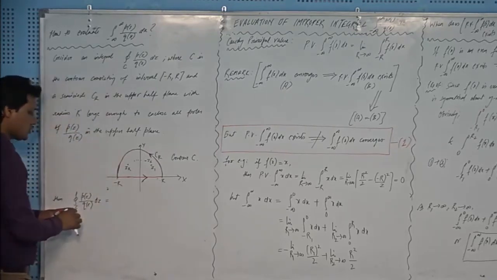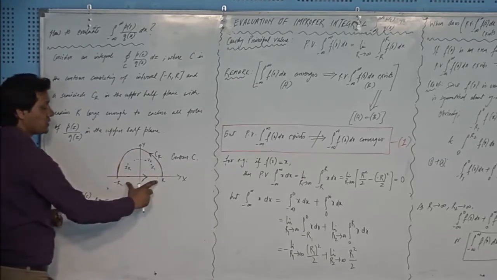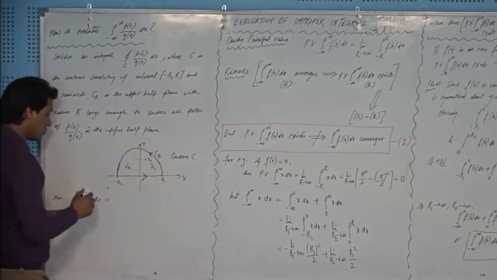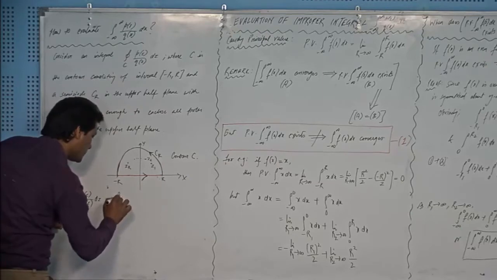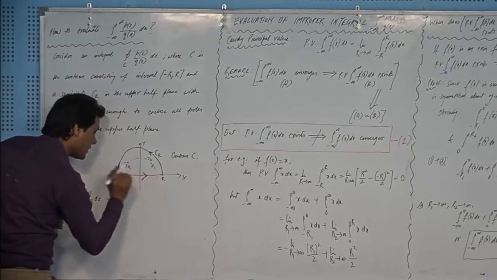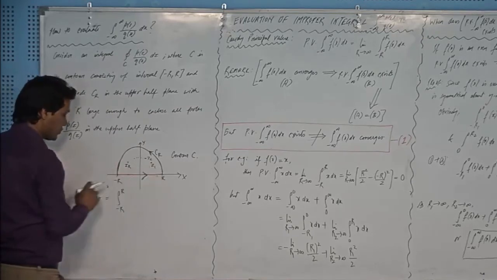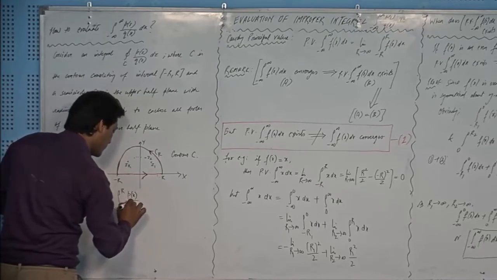You can see that this contour C, the whole contour, is actually the union of two curves. First is the real interval, and then the semicircular arc. So I will break this C in two parts. First is minus R to R, and here since the function is defined on the real axis, you write P(x) over Q(x).